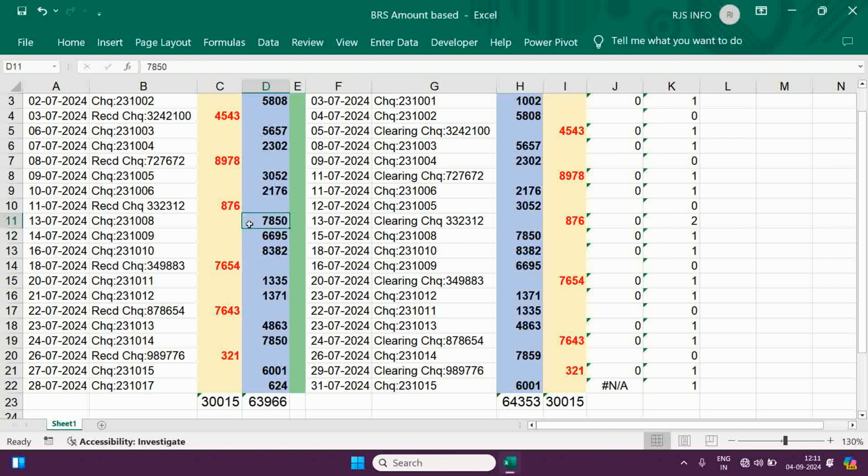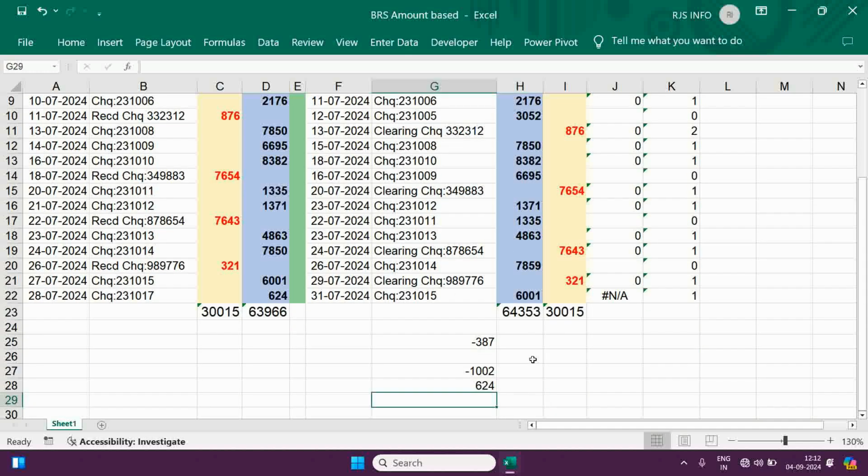Here one entry is done, this is perfect. Here one more entry, 7850. So here the entry is 7859. So there is a discrepancy of 9 rupees. So this minus 9 rupees should be adjusted if it is an error by the bank. Otherwise we have to adjust it.